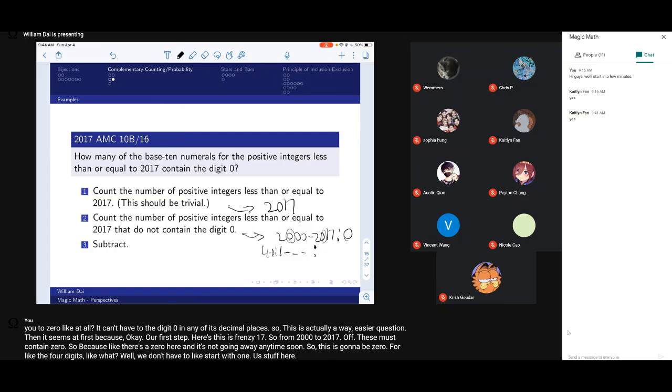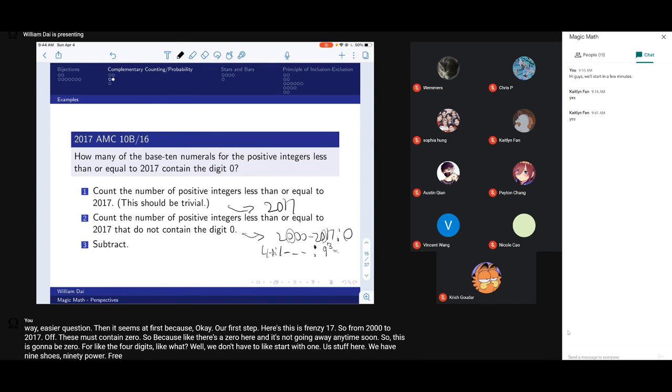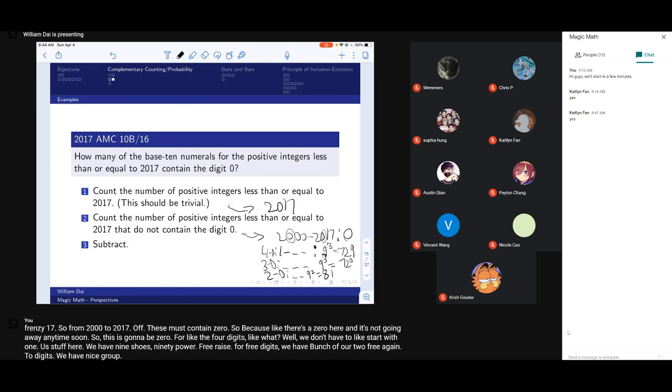We have 9 to the power 3 for 4 digits. For 3 digits, we have 9 to the power 2. For 2 digits, we have 9 squared, which is 81. For 1 digit, we have 9.